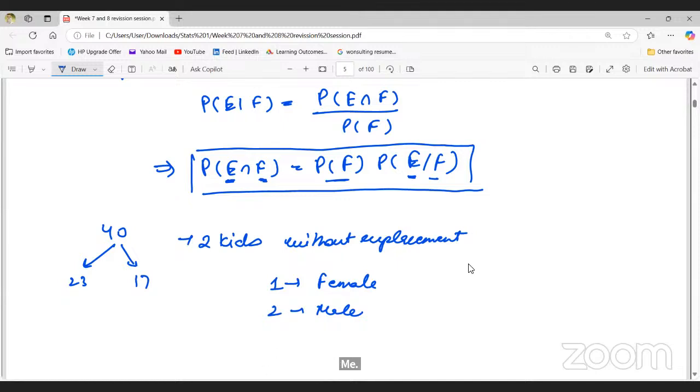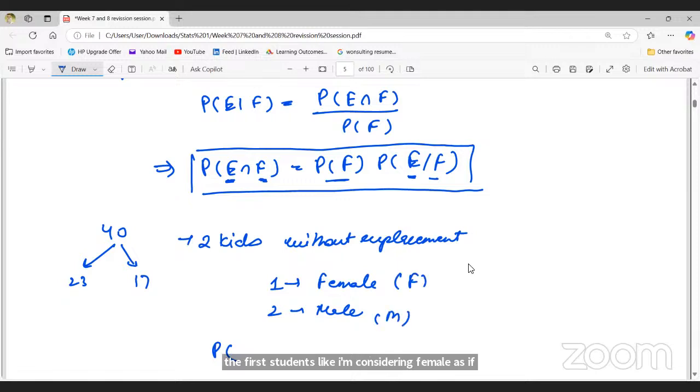Yes, ma'am. Okay, so we have to find the probability that the first student is female, considering female as F and male as M. So I would be considering F intersection M. The first position should be female, and the second student should be male.